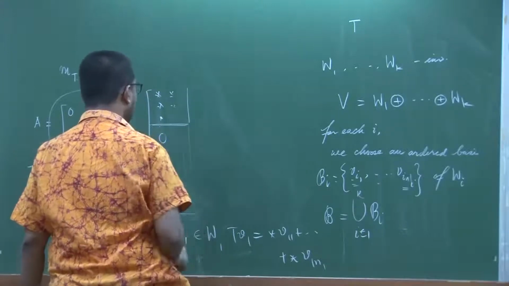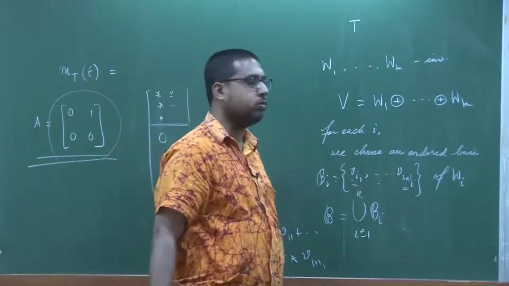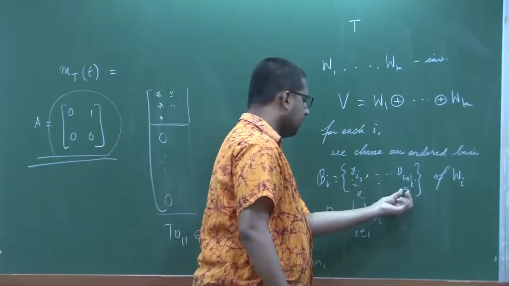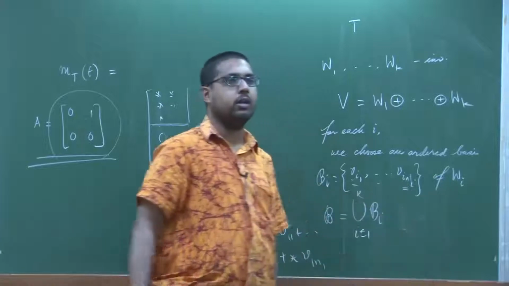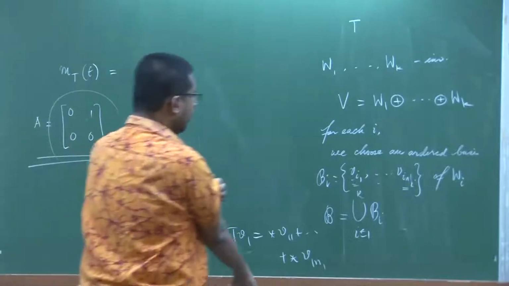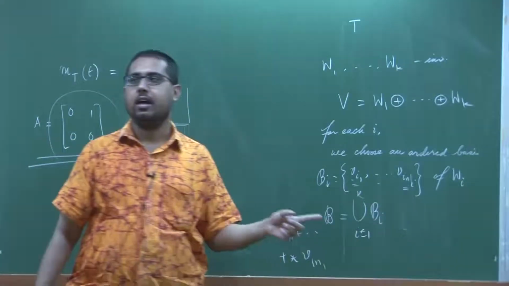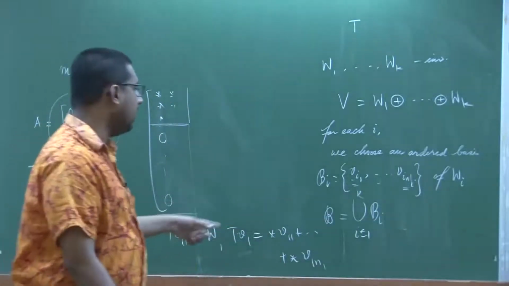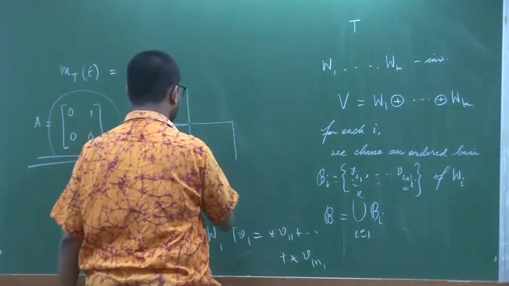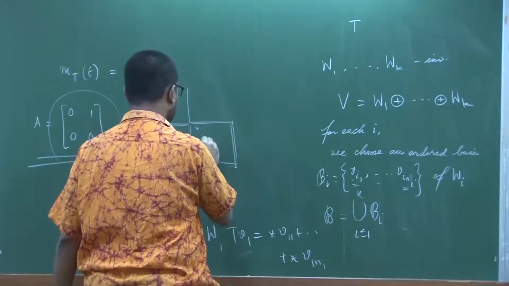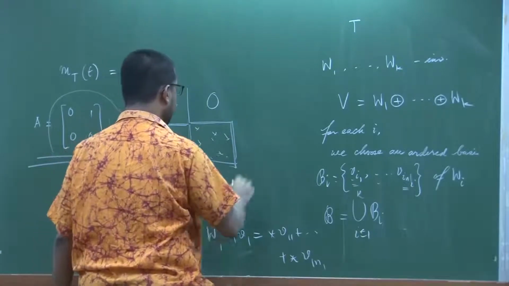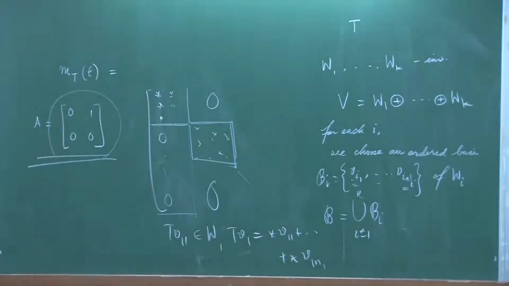Then if you look at the second n2 vectors, only V21 up to V2N2 can have non-zero coefficients. The coefficients of V11 up to V1n1, and similarly V31 and the rest, have to be 0. So the next n2 columns will have non-zero elements only here, the rest have to be 0, and similarly this goes on.